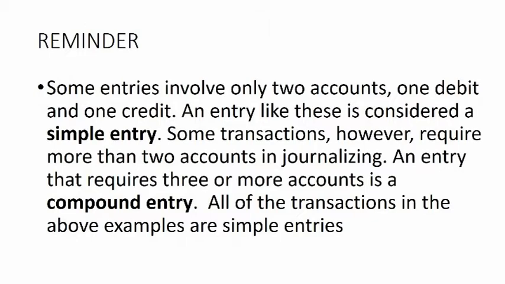Last reminder that we have is that the previous entry that you saw in the previous example is what we call the simple entry, because there are some entries that involve only 2 accounts, 1 debit and 1 credit, while there are transactions that require more than 2 accounts in journalizing, because we can have multiple transactions on the same date in the same company.